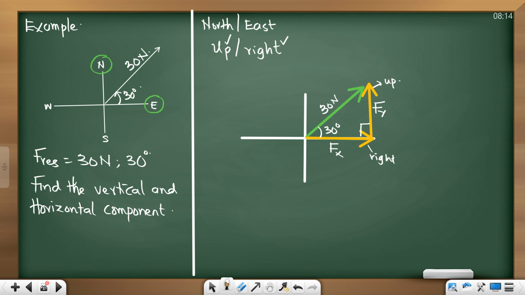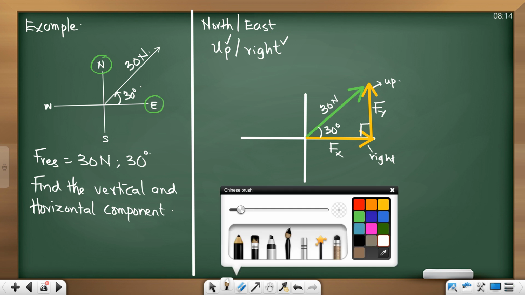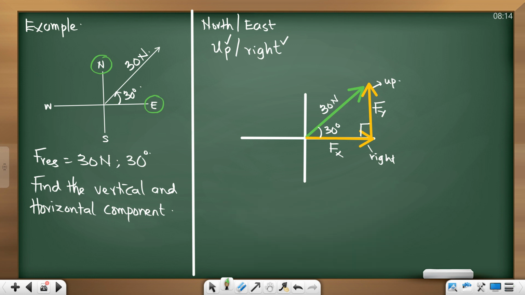Awesome. Great. So if we were to label trigonometry, grade 10, this would be opposite. The side facing our angle 90 is known as the hypotenuse. And then we have adjacent. Now let's do a bit of trig. What is sine theta? Sine theta is opposite over hypotenuse.